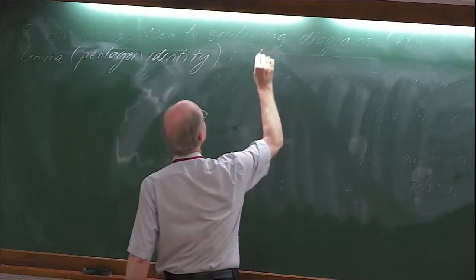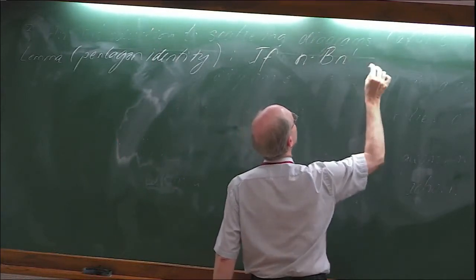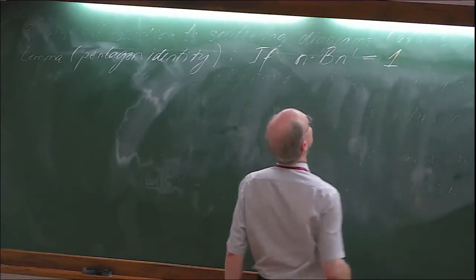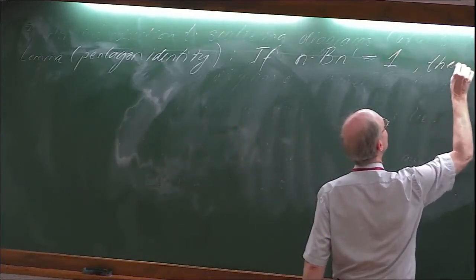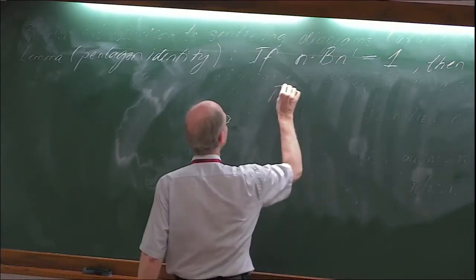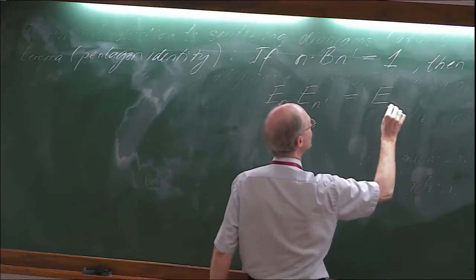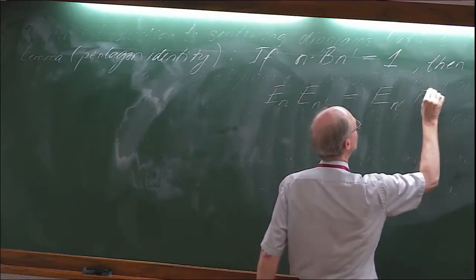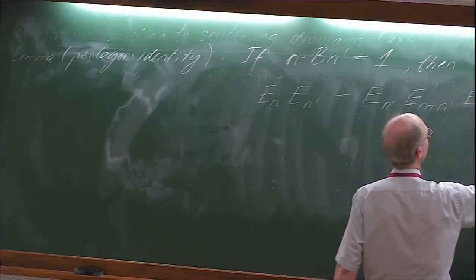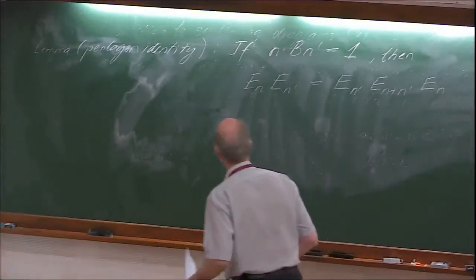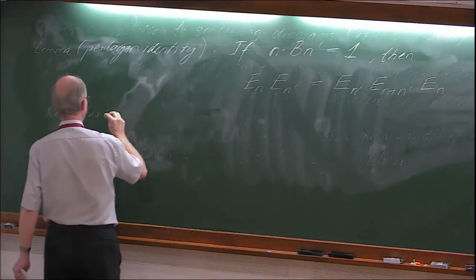Suppose that we have two non-negative integer vectors n and n' which yield a scalar product 1. Then the composition of the elementary transforms e_n' e_n is also the composition e_n e_(n+n') e_n'. Okay, and this can be checked directly.